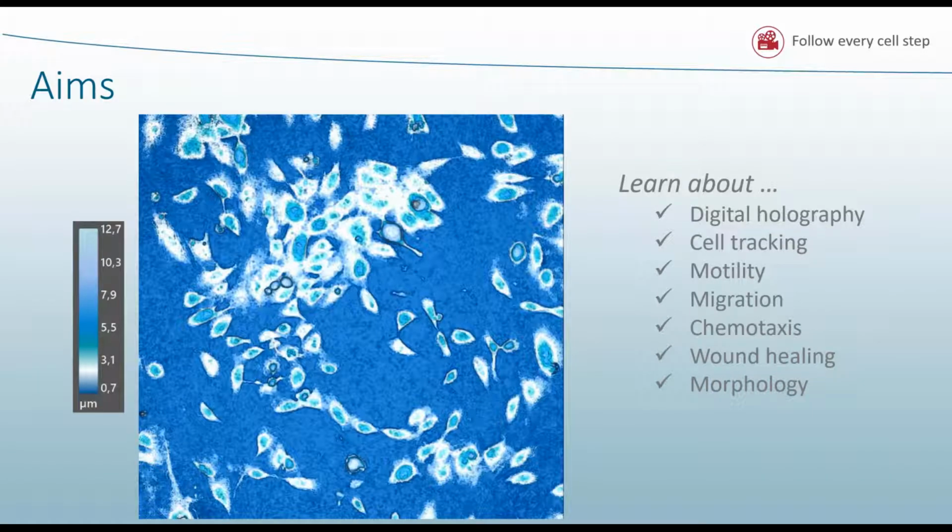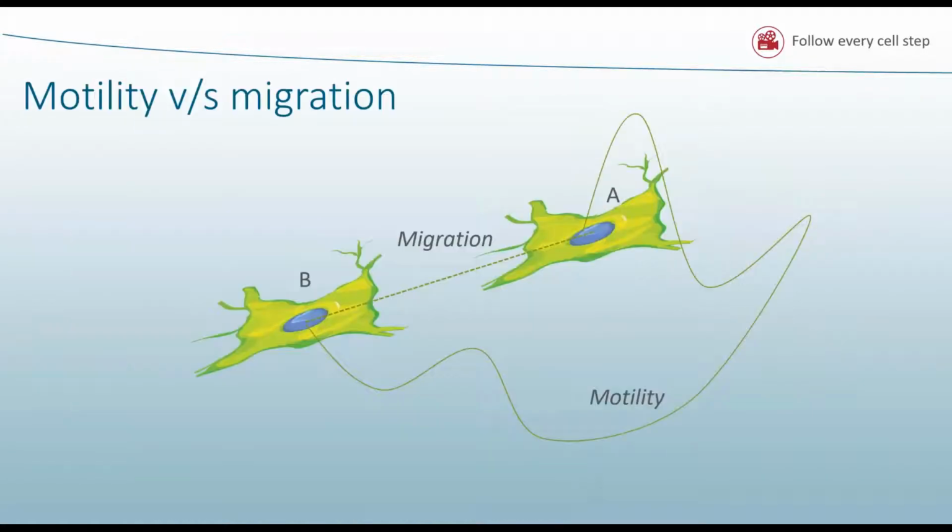I will start with showing this nice image and discuss the difference between migration and motility. So if you see the starting point, A, the cells will go to B, but they usually don't go the straightest, shortest distance. They usually take a huge detour, like the green line showing motility.